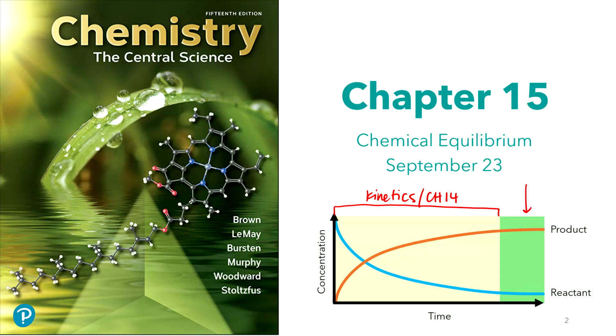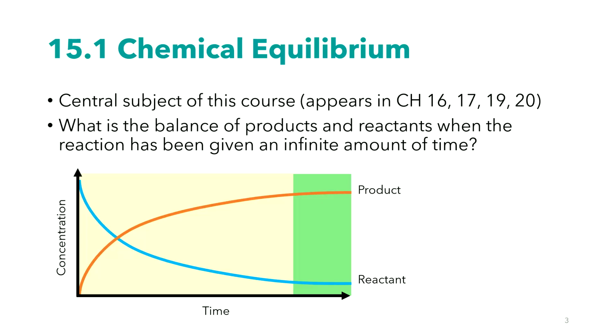So if you hated kinetics and you never want to see it again, it's not going to come up until the final. But chapter 15 is one that you cannot skim over. You have to have this as a solid underpinning for the next 4 chapters. So don't let this one slide.